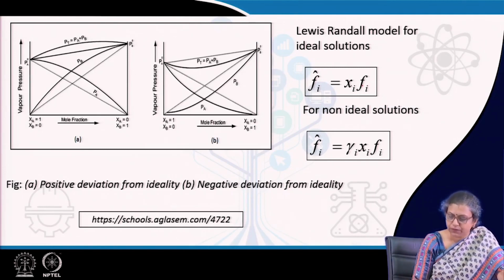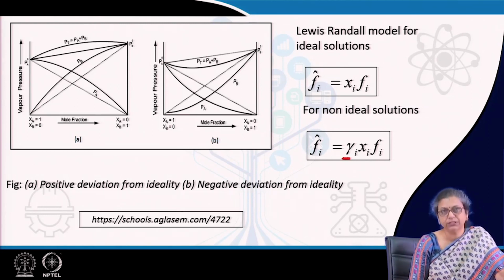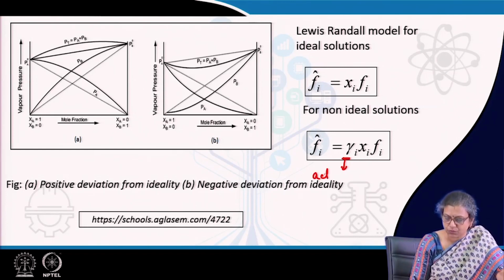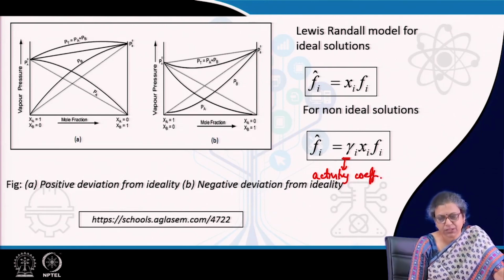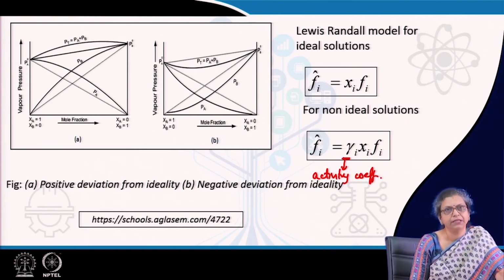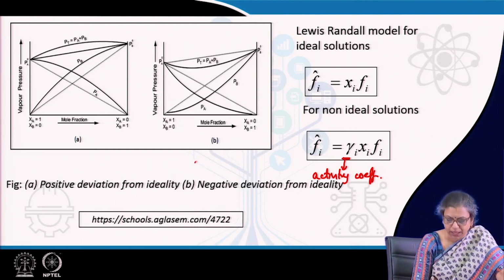So, for the liquid phase, when the solution is not ideal, we modify Raoult's law, or rather the Lewis-Randall rule, by incorporating a parameter gamma, which is known as the activity coefficient. Now, there can be positive deviations from Raoult's law, and there can be negative deviations. In other words, gamma i can be less than 1, or gamma i can be greater than 1.